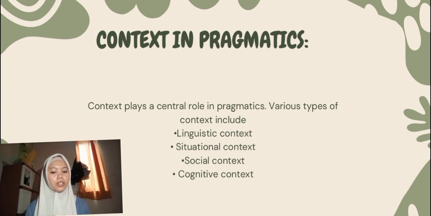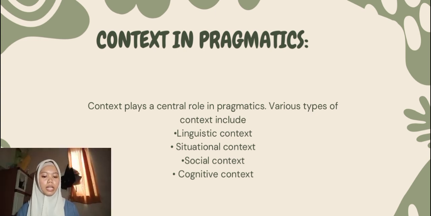The next slide, context in pragmatics. Context plays a central role in pragmatics. Various types of context include linguistic context, situational context, social context, and cognitive context. Linguistic context: the preceding sentences in a conversation.